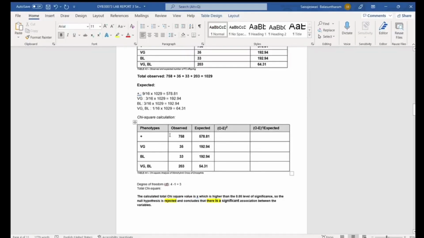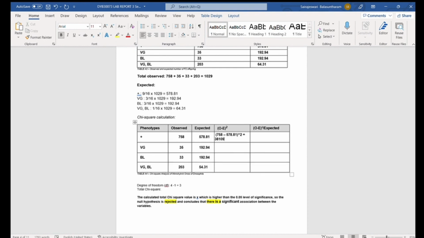So next we are going to continue with the chi-square calculation for each phenotype. For the wild type phenotype, you need to minus the expected from the observed. So 758 minus 578.81, and the answer should be squared, and that will result in 38109.0561.